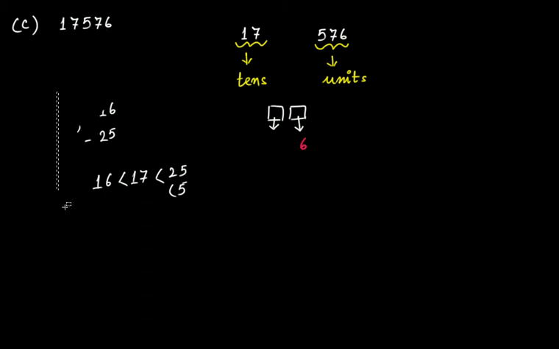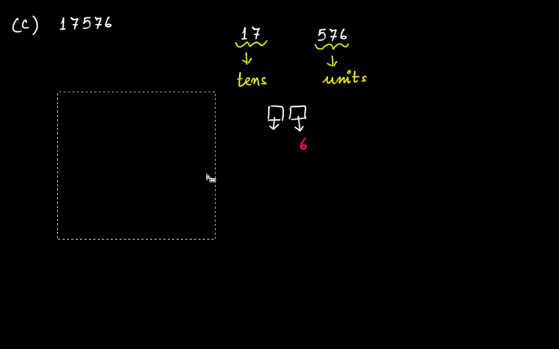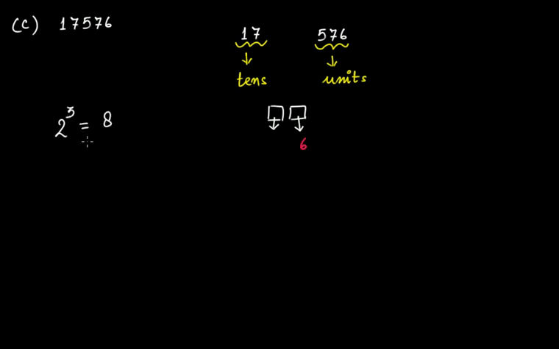I'm sorry, it should be cubed. My mistake. Here you have 2 cubed is 8, 3 cubed is 27. It means that 8 is less than 17 is less than 27. 27 is 3 cubed, 8 is 2 cubed.